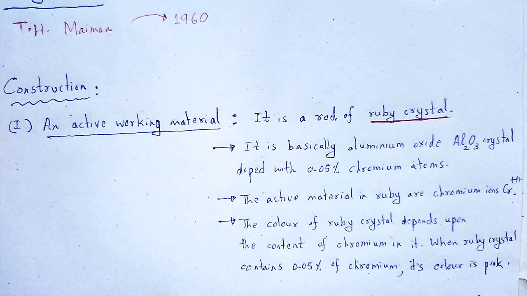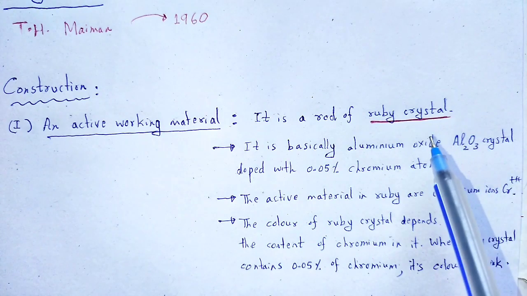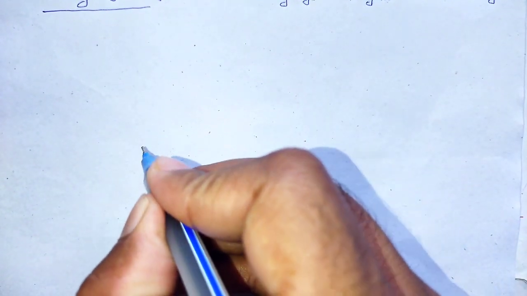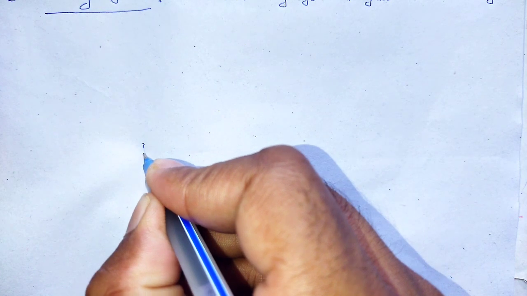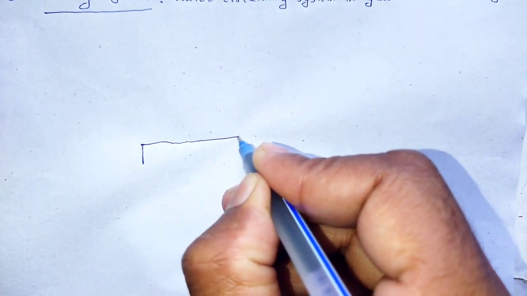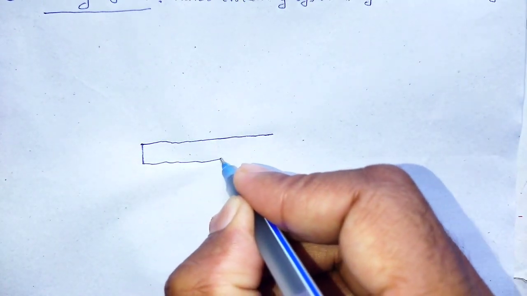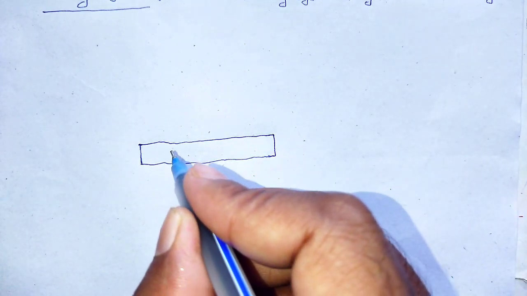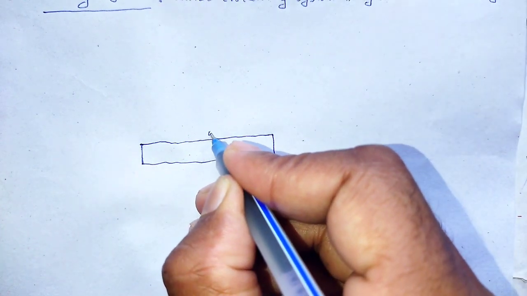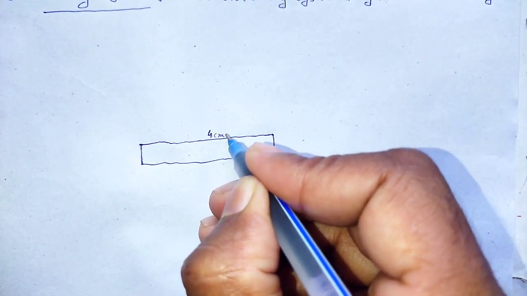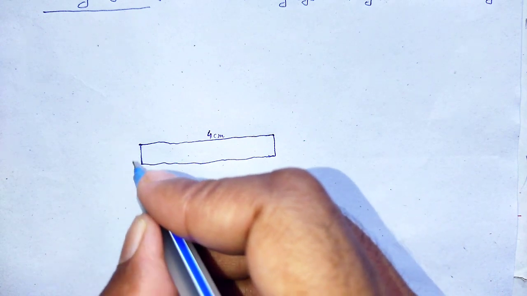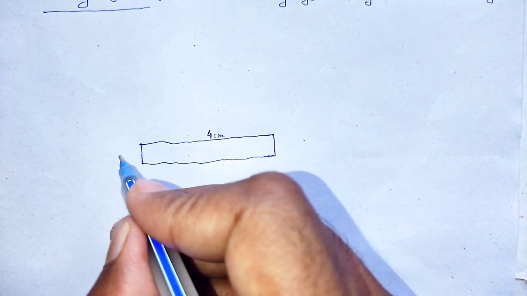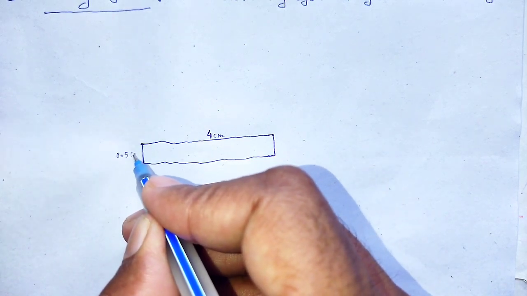In ruby laser, we use a pink rod, whose length is around 4 centimeter and its diameter is generally 0.5 centimeter.